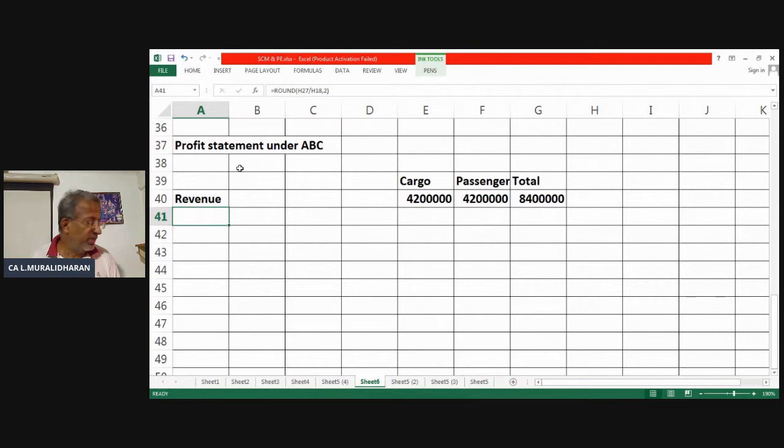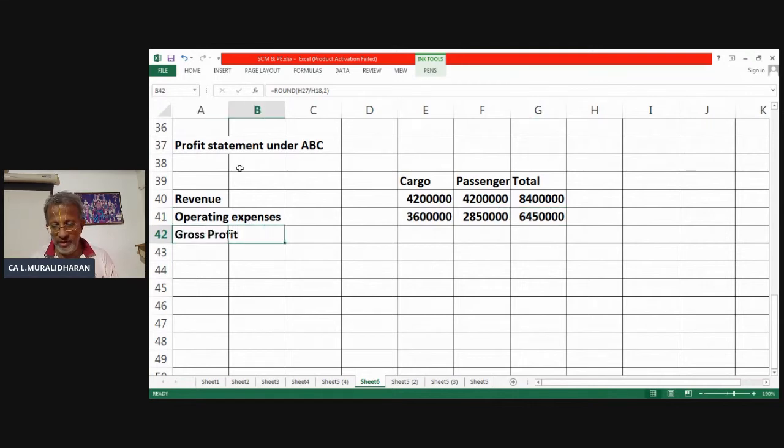The next item is operating expenditure: 36 lakhs and 28 lakhs 40,000. Gross profit, then overheads distributed based on activity based costing.